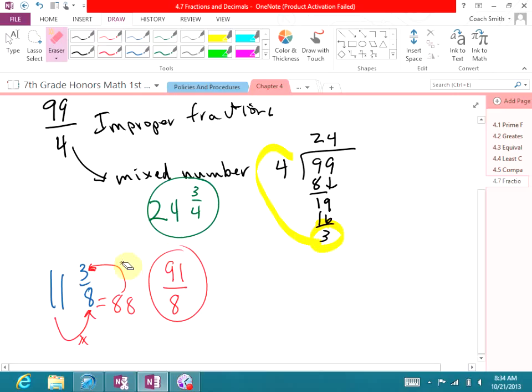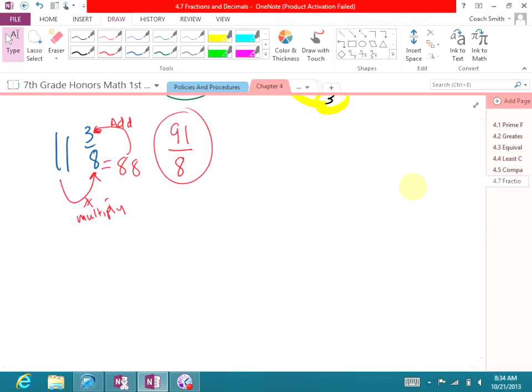It looks like a multiplication sign, so I'm going to put the word add. Okay, so that's how we change a mixed number to an improper fraction. You sort of need to know those things. It's not imperative that you have them known, but it'll help some in what we're doing today.